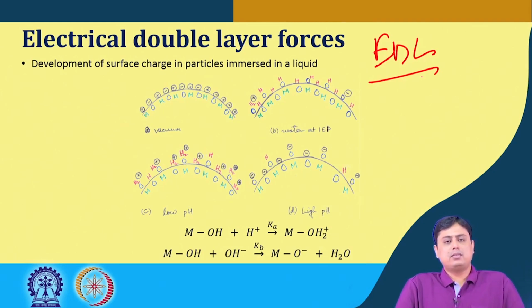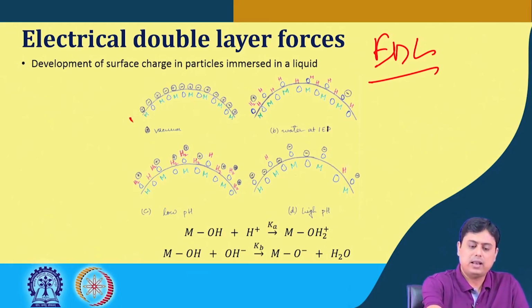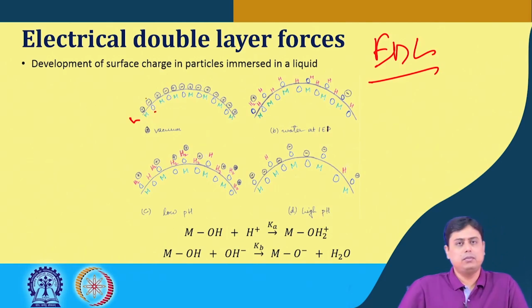Say the case of a metal oxide particle, when it is exposed to air, the atoms at its surface will have some unsatisfied bonds, and they will try to arrange themselves like here in this one, where M stands for the metal ion, which is positive, and oxide is negative.